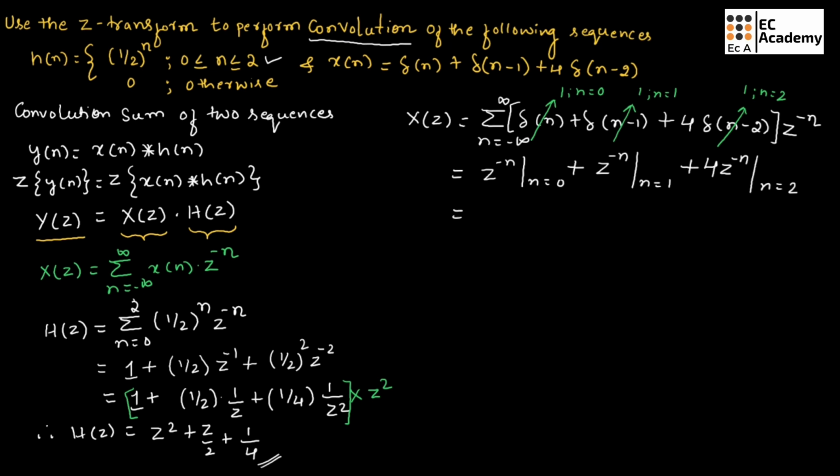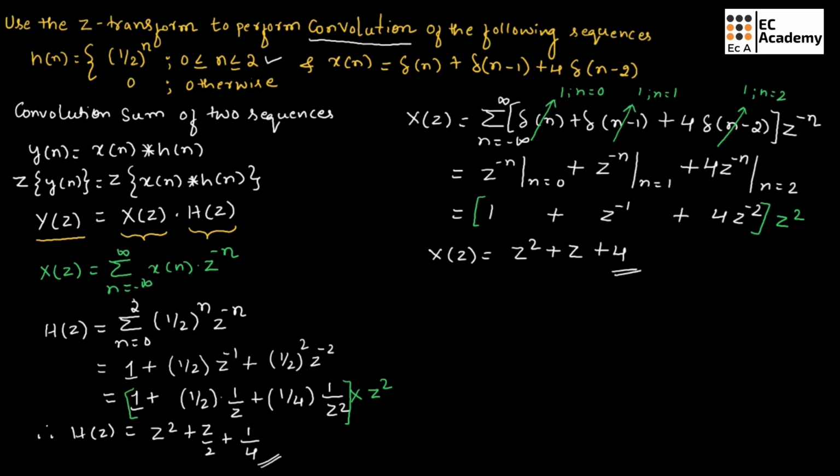So we'll get 1 plus, for the second term z to the power of minus 1 plus, for the third term we'll get 4 z to the power of minus 2. Again, for this equation, if we multiply with z square, we'll get X of z is equal to z square plus z plus 4. So this is X of z.